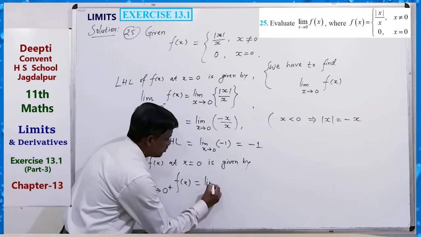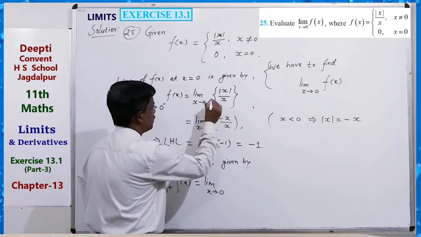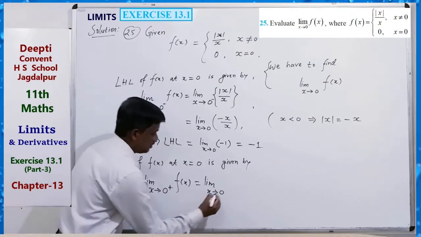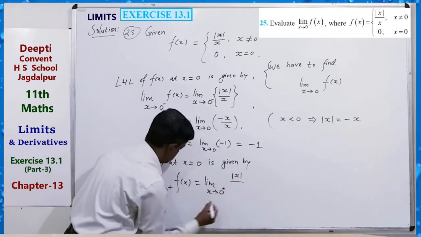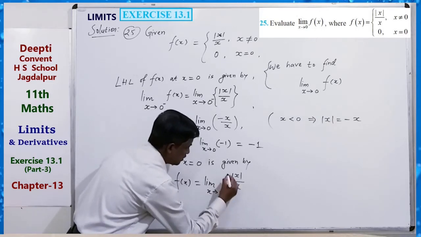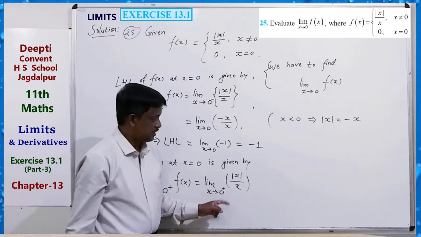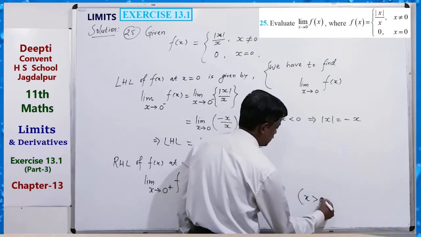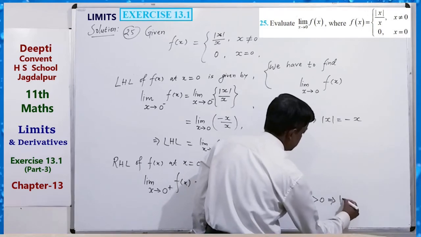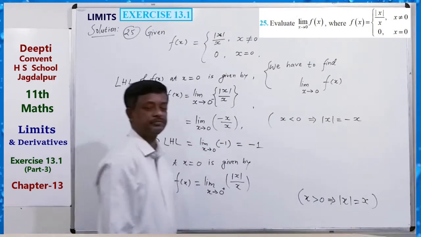In this case, on the positive side, that is x greater than 0, this implies mod x equals x.